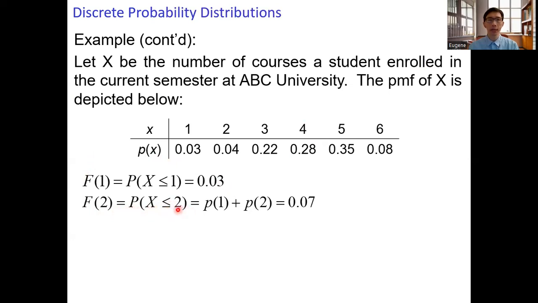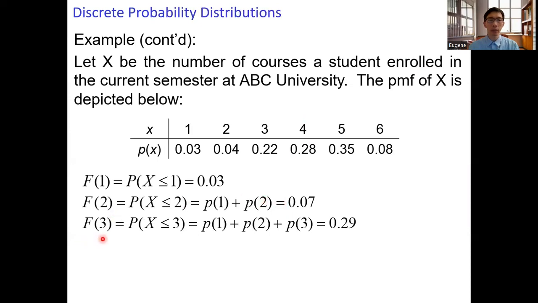So X can take on value 1 and 2. So we sum up P of 1 and P of 2. 0.03 plus 0.04, we get 0.07. This is the probability that a student will take 1 or 2 courses in the current semester.